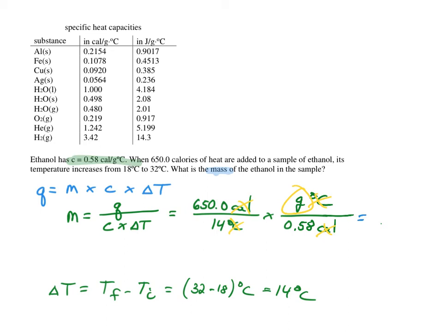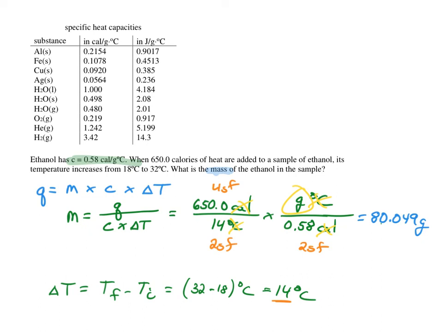Our calculator display is 80.049 grams. Let's look at our sig figs. We have 2 sig figs here. Okay, we can justify both of those decimal places, 4 sig figs and 2 sig figs.